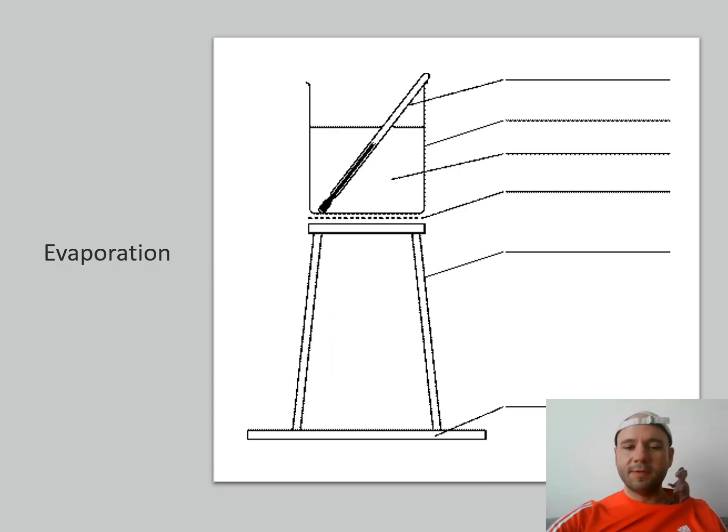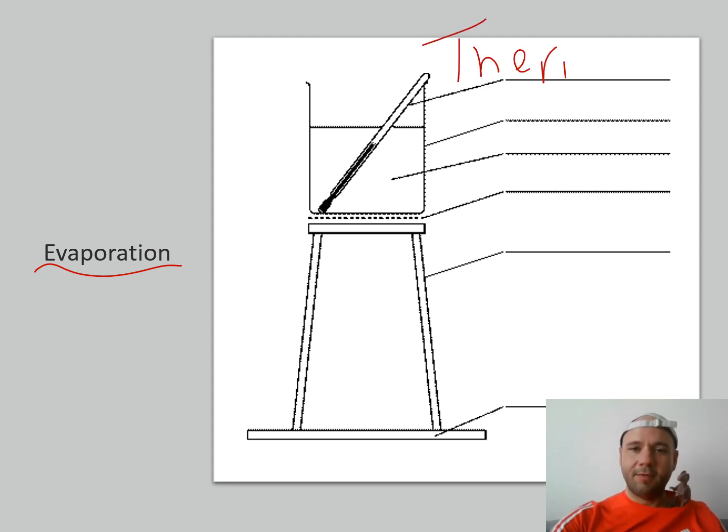Okay, so now that we've separated our sand from the mixture, we need to separate the salt from the water. Now, if you only want to retrieve the salt, the best process to use is evaporation. So what do we need in terms of equipment for evaporation? Well, first thing is we need a thermometer, so we have an understanding of the temperature of our solution.